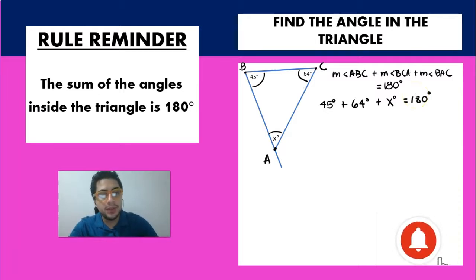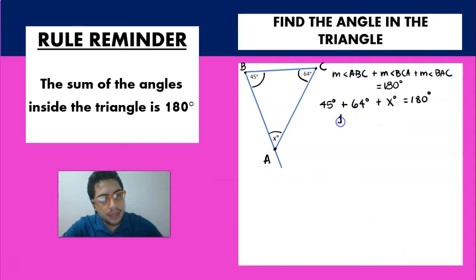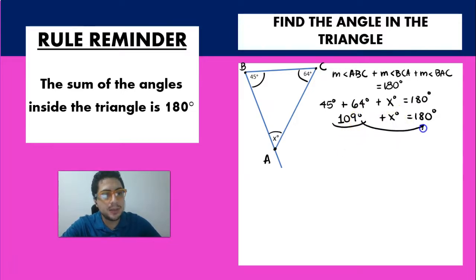Now, we know that 45 plus 64 is going to give us a total of 109 degrees plus X, and that is going to give us 180. Now, 109 is being added to X in this equation, and because this is an equation, we can pass it to the other side, subtracting.